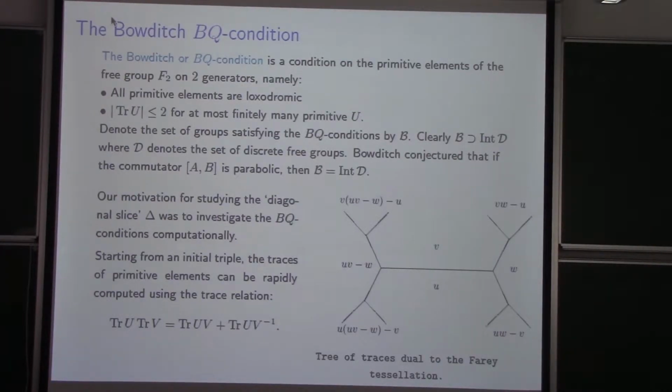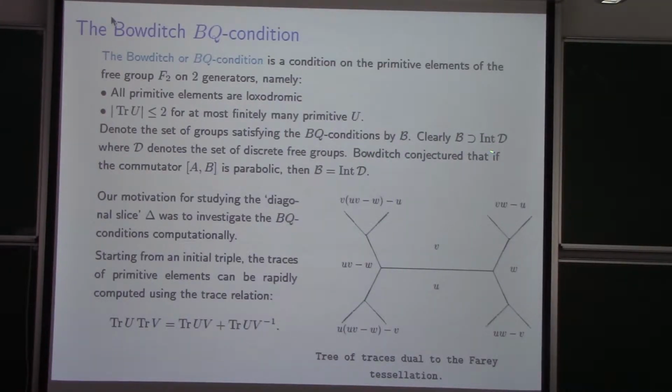So this is a condition on a group that may or may not be discrete, and it's something to do with the primitive elements in an SL2C representation of the free group on two generators. So his condition says that all primitive elements should be loxodromic, and only finitely many traces should be less than or equal to 2. And we consider this set of things satisfying these conditions.